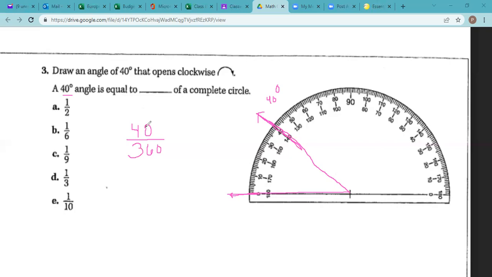I'm going to do it the fast way. I've got a pair of zeros, so I'm going to get rid of them. Now I've got myself down to 4 over 36. Now, pick one number that can be divided equally into 4 and 36. It could be 2. There's one number that's higher than 2, though, and that would be 4. So take 4 and divide it into 4, and take 4 divided into 36. And which of these answers would you get?